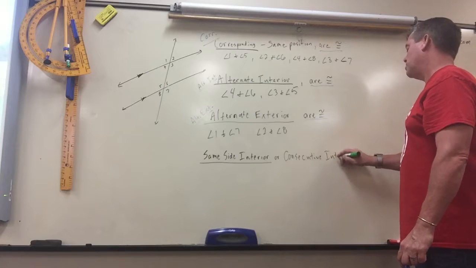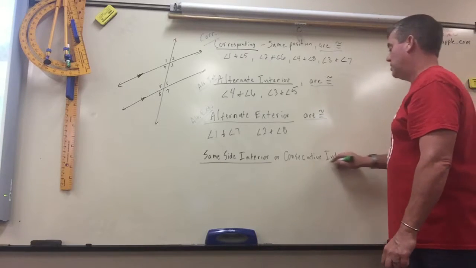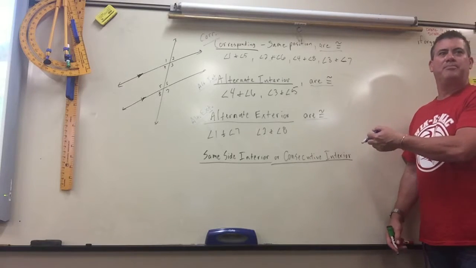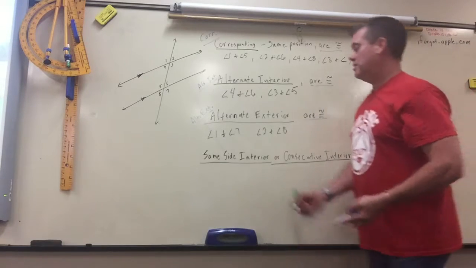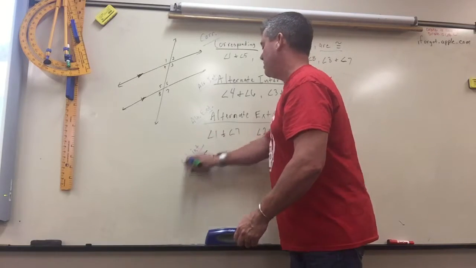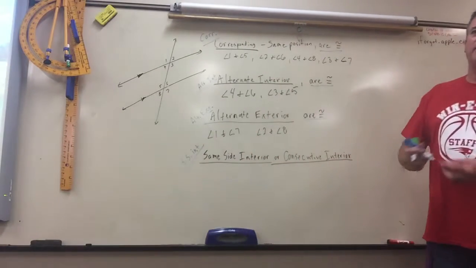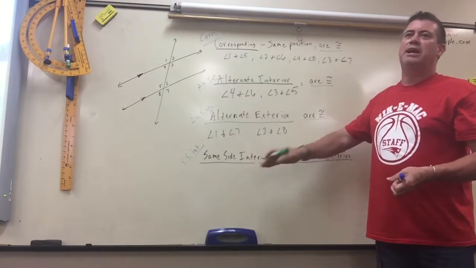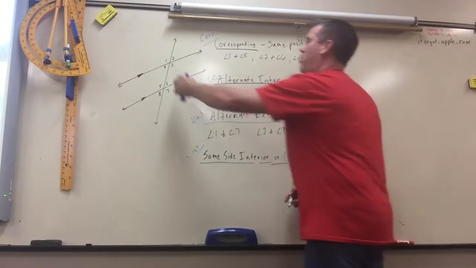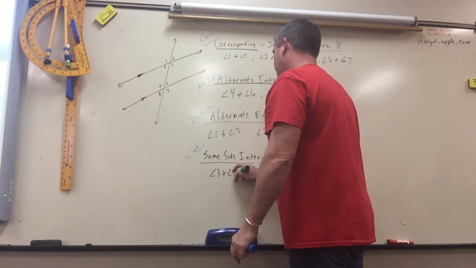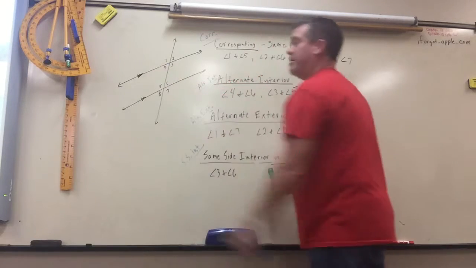They mean the same thing, it's just using a different name. I like same side interior because it describes it better and it's easier to abbreviate. You can just go SSINT, same side interior. So obviously they're inside interior and they're on the same side. So 3 and 6, 4 and 5.